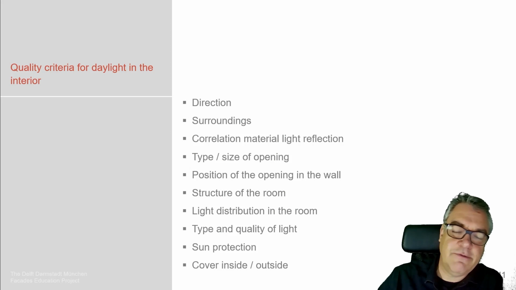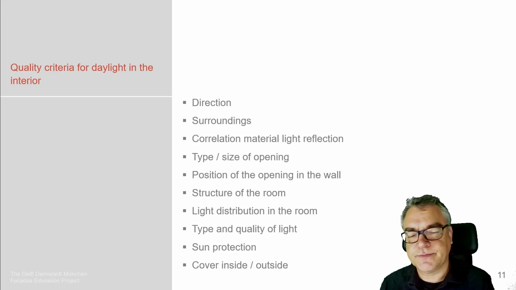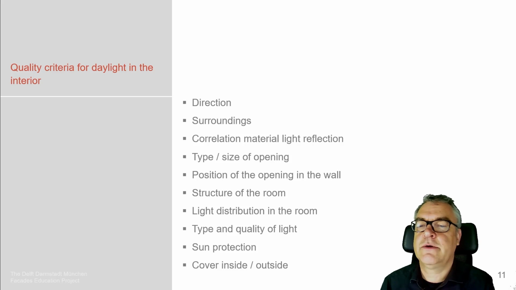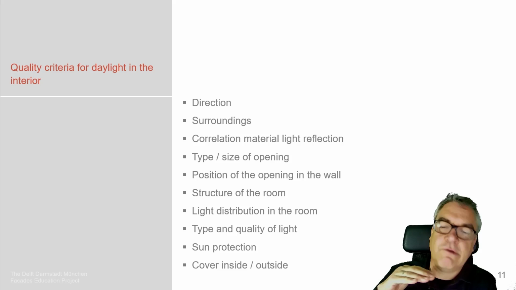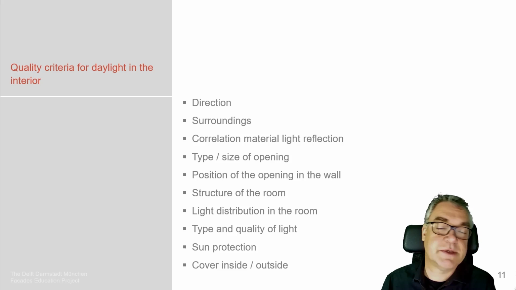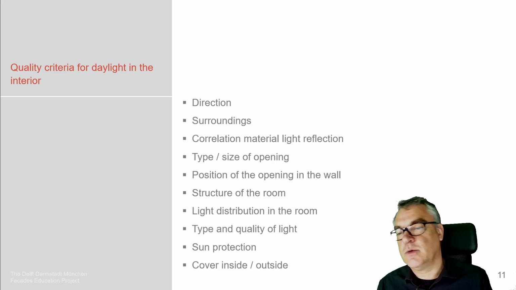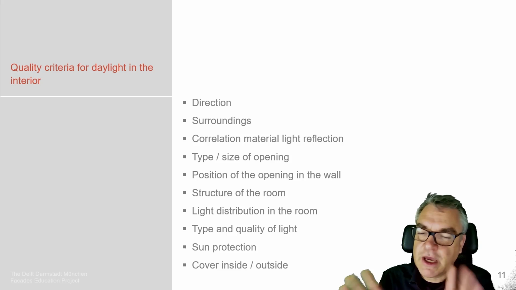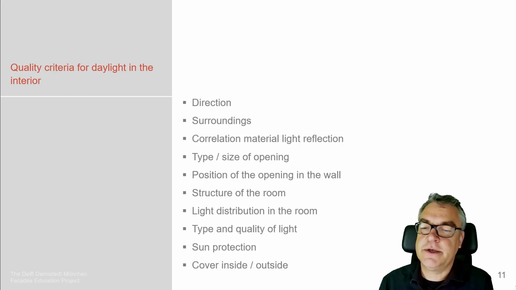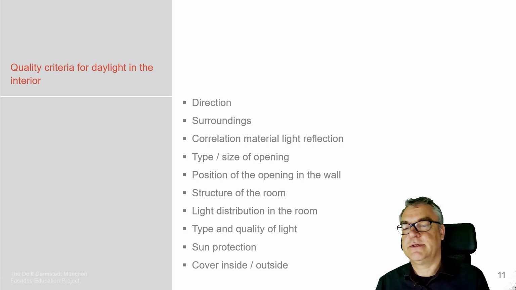What are the factors influencing our daylight quality? The direction, obviously, the surroundings, the materials reflecting light, the type and size of windows, obvious. The position of the openings, the windows in the wall, also obvious. The structure of the room, the light distribution in the room, the type and quality of the light, sun protection, and the covers inside and outside.